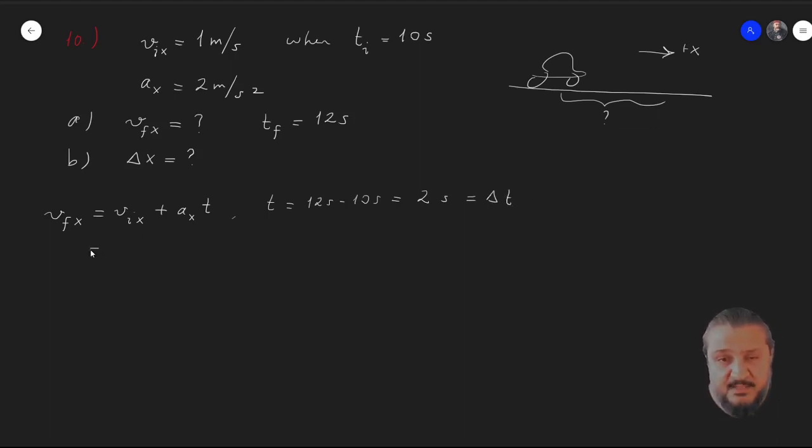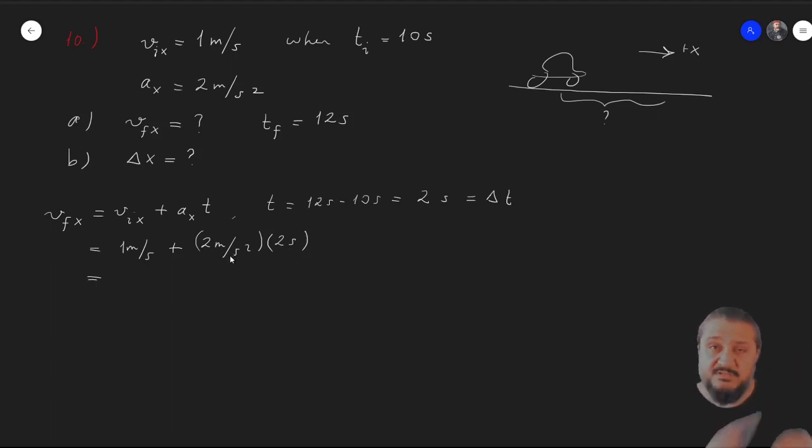So the initial velocity is 1, plus ax, 2 meters per second squared, times t. t is 2. All right, so 2 seconds later, when your watch shows 12 seconds, the velocity will be 2 times 2, 4, plus 1, 5 meters per second.